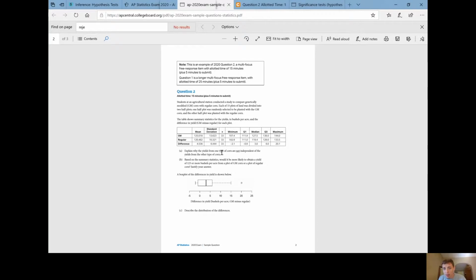So meaning my growth of genetically modified corn would not affect my growth of regular corn or vice versa. The probability of one given the other, so in this case, maybe the probability of having genetically modified corn given regular corn has to equal the probability of having genetically modified corn times the probability of having regular corn.